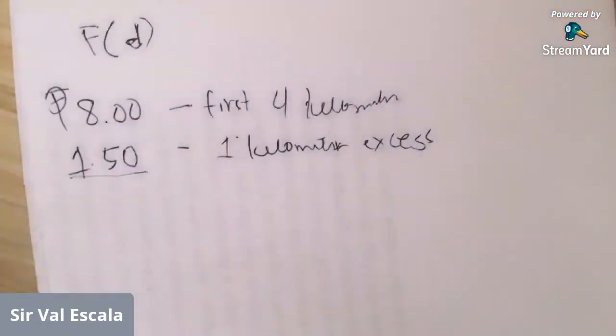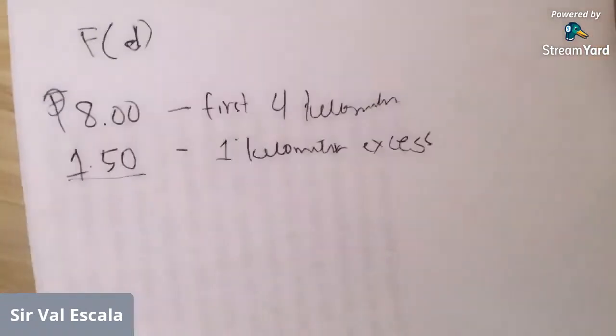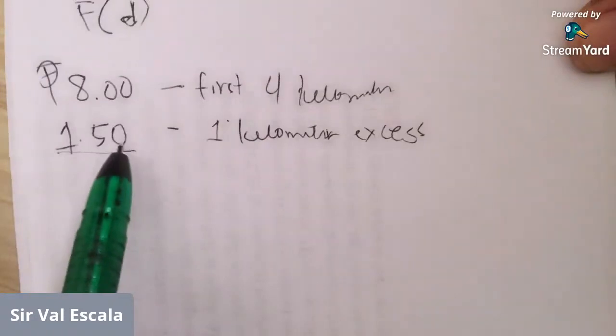Sir, paano pag naging ang kilometers natin is 1.5? So, gagamit tayo ng ceiling function. Kasi kung gagamit tayo ng floor function, kunwari, ang lumabas na sagot ay 1.90. Hindi pa naman siya umabot ng 2 kilometers. So, magmamali yung ating singil.